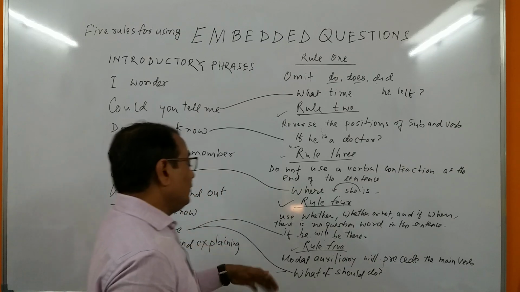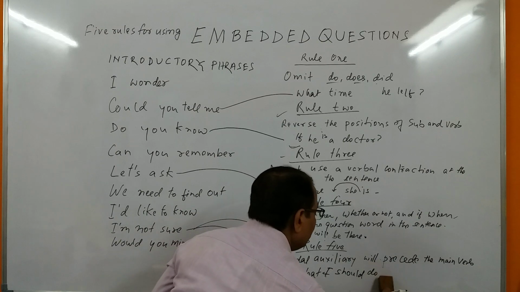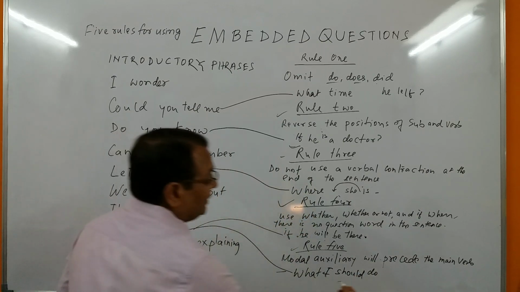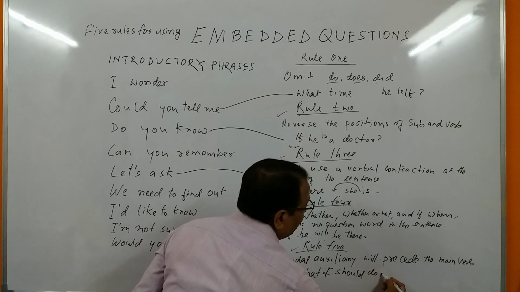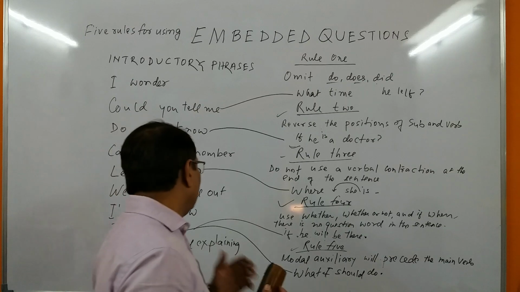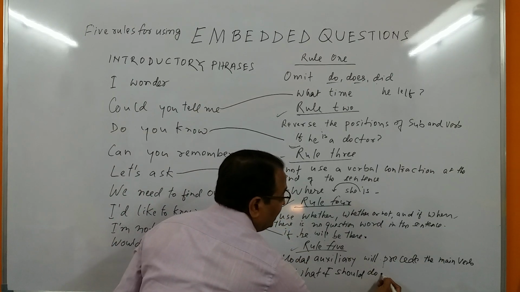I am not sure what I should do. Again you are removing the question mark because "I am not sure" is not a question form, so you just put a full stop or period. In American English they call it a period, and in British English they call it a full stop.